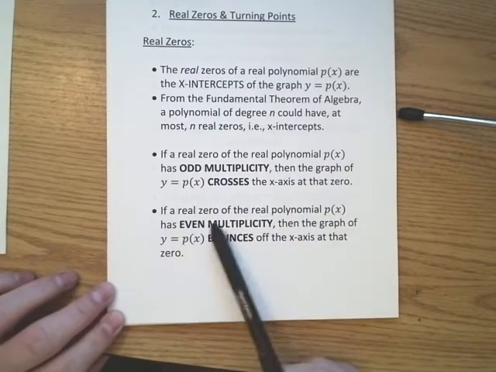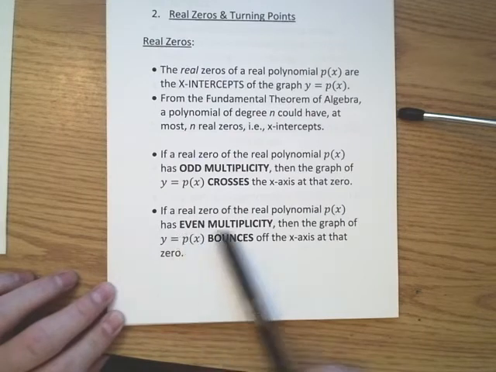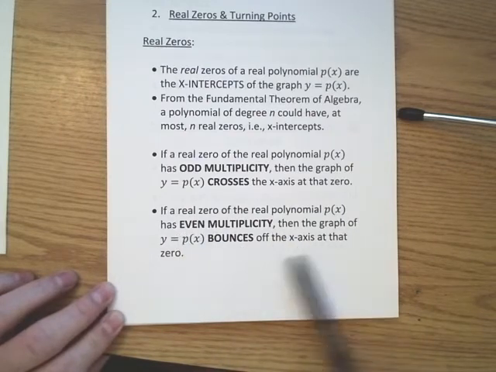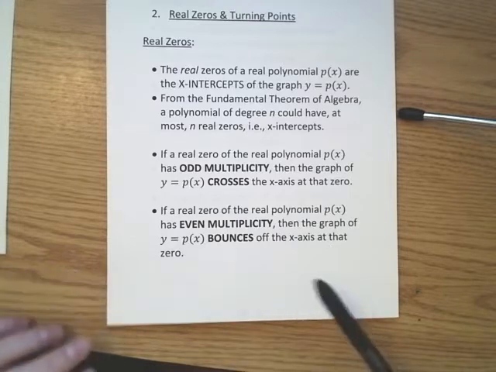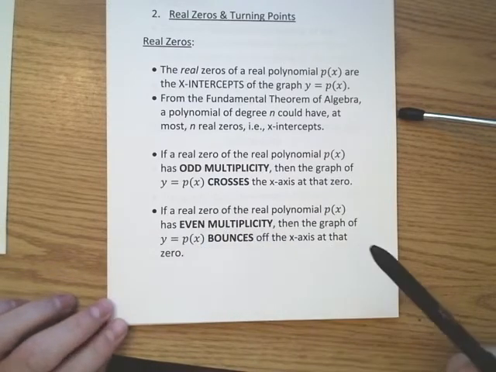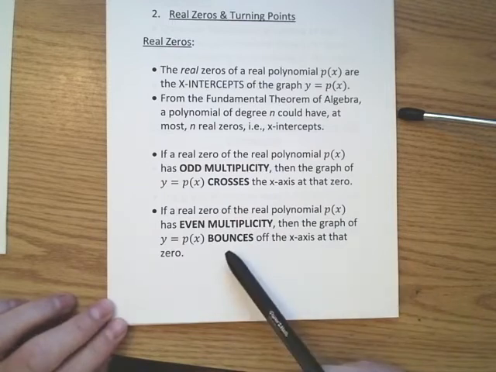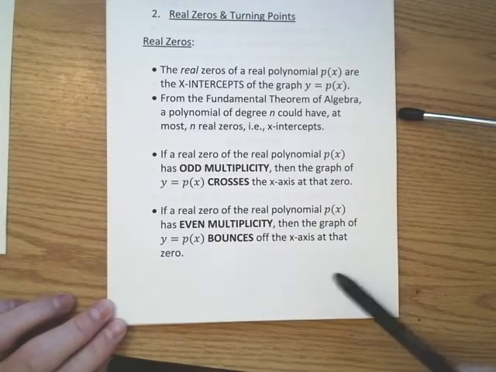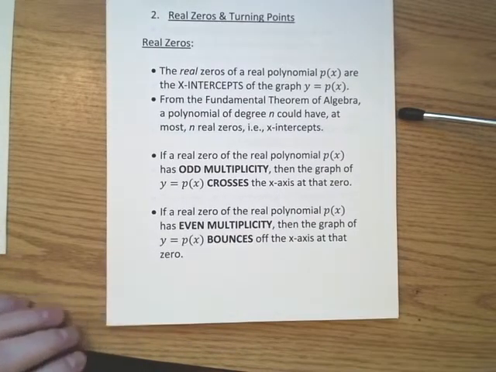However, if a real zero of a real polynomial has even multiplicity, then the graph bounces off the x-axis at that zero. Some people just say touches. I like a more active verb here. I imagine moving along the curve, and I claim bounces is probably more active there. So it bounces off the x-axis at the zero.